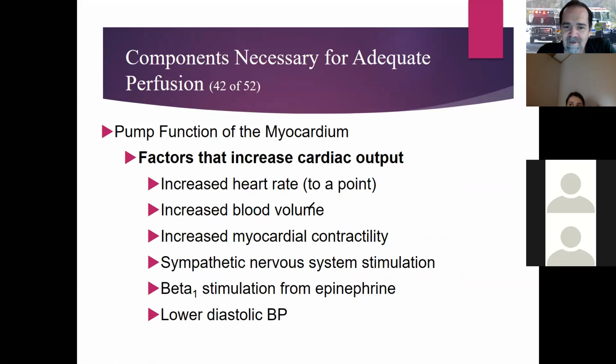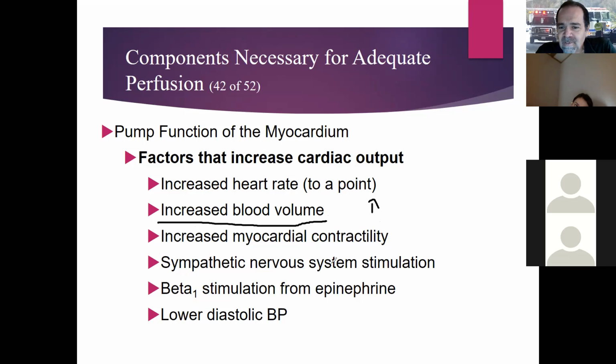You increase blood volume. So if you make more blood or infuse more fluid, then you increase cardiac output too. Increase myocardial contractility. If you give a medication that causes the heart to pump stronger, then that stronger contraction will increase cardiac output.